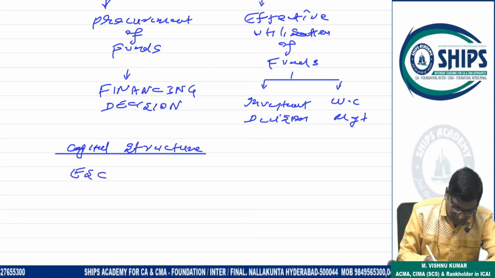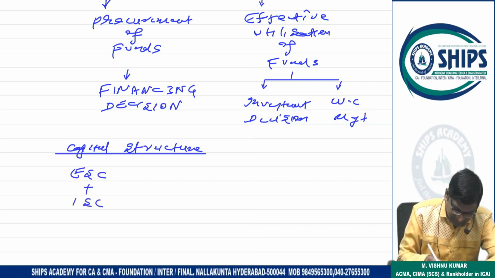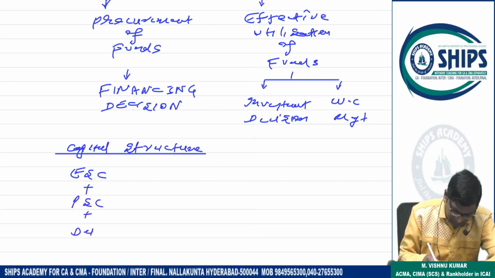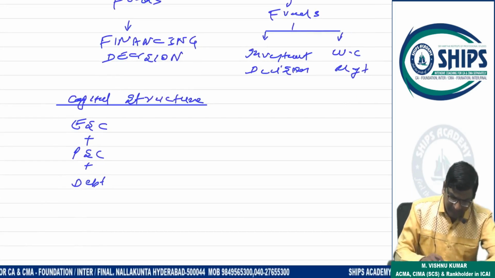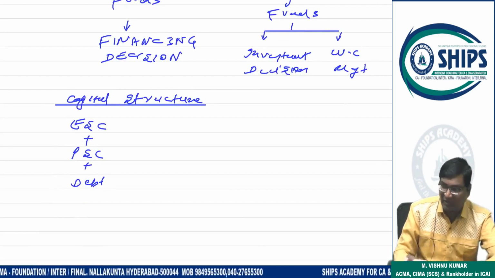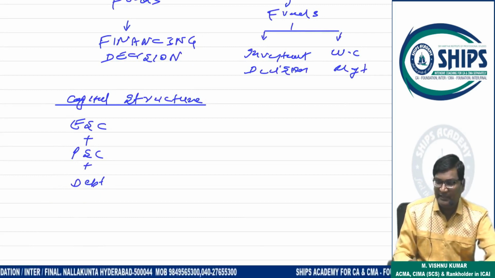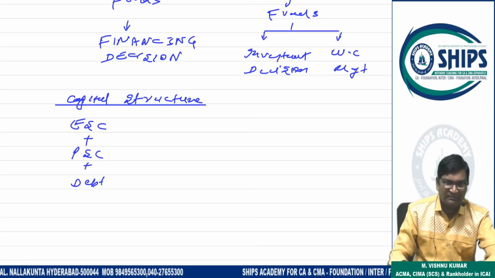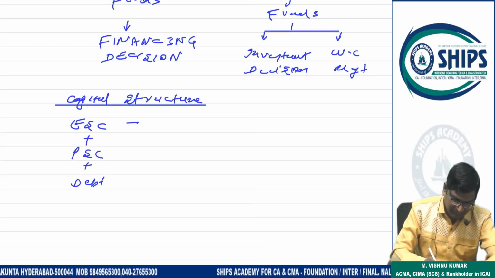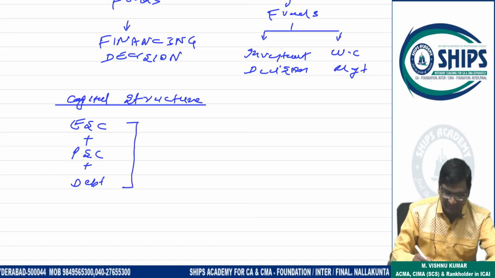Capital structure means a combination of equity shares, preference shares, and debt. Debt includes loans, debentures, and bonds. Debt means one type of loan which has to be repaid. So the company has these three options.